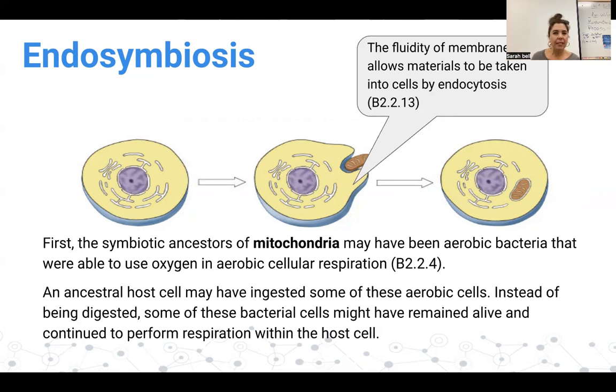At some point in time, what we think happened is they got ingested by a larger host cell. And this host cell might have been slightly more advanced. Maybe it looks like, based on our picture, right, that the infolding process had already happened and begun. So these were larger cells. They were slightly more complex. They were already starting to compartmentalize.